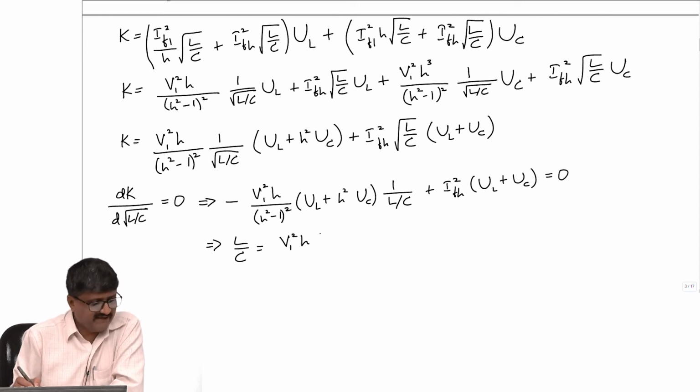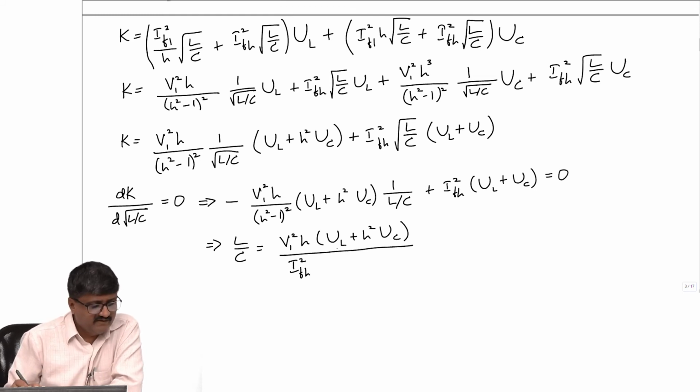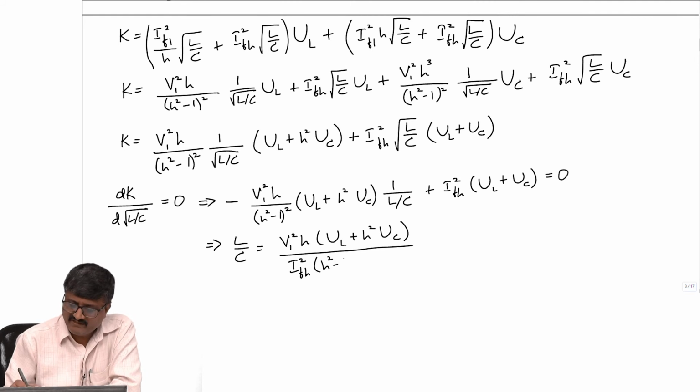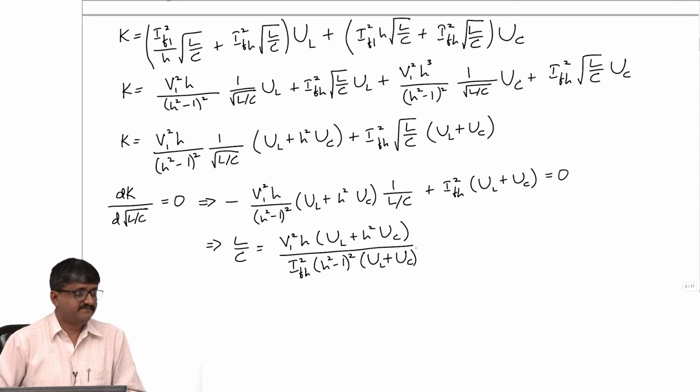V1 squared H into (UL plus H squared UC) divided by I of H squared into (H square minus 1) whole squared into (UL plus UC). Is this okay?